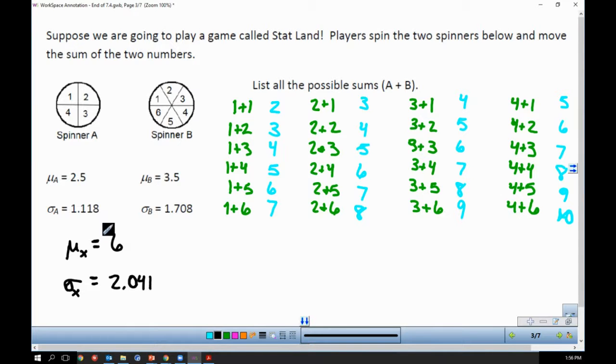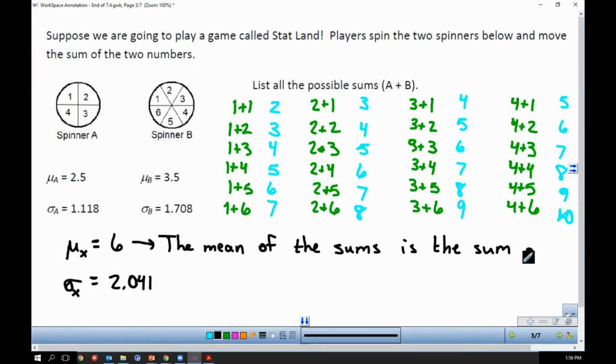What about our means here? If I added my means together, what would I have gotten? 6. So the mean of the sums is the sum of the means.